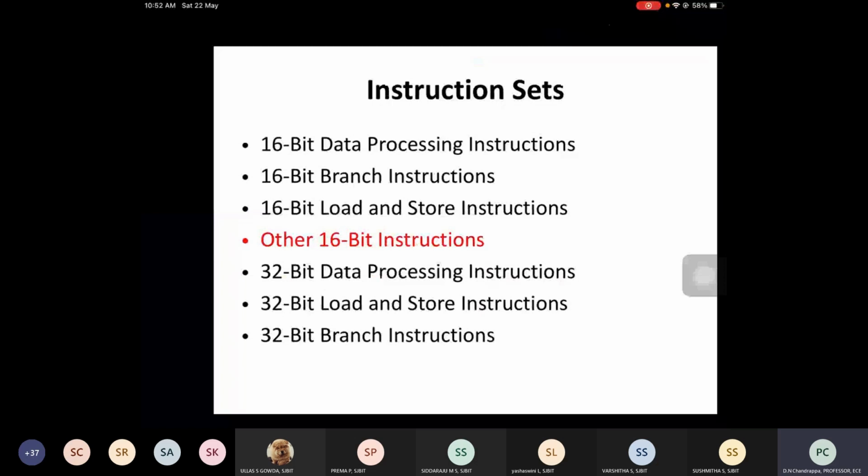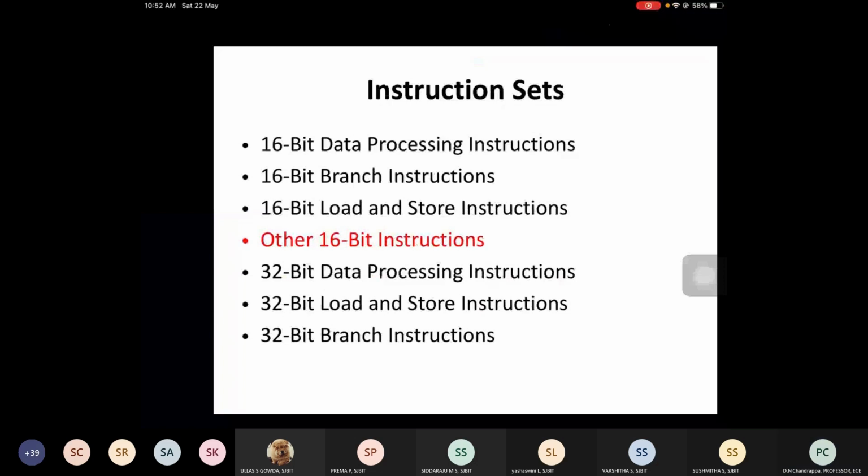One is called ARM instructions, which belong to the 16-bit instructions, and another set is Thumb instructions, which belong to 32-bit instructions. The list of instructions I discussed in the last class were 16-bit data processing instructions, branch instructions, load and store instructions, and some additional instructions also we listed out.